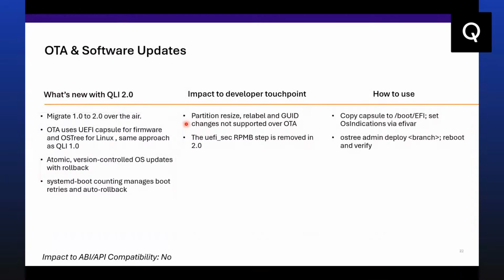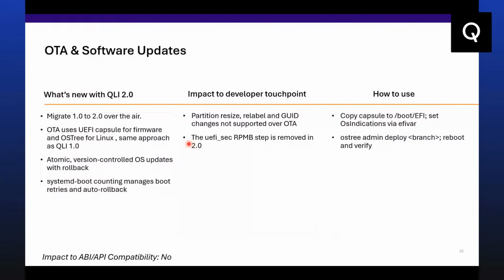So when moving from 1.0 to 2.0, one should bear in mind that these are the kinds of things that should not be changed in the partition table. And in 1.0 we had a custom UEFI sec application which would store some variables in RPMB in terms of boot counting. Those are removed and we have aligned to a more upstream aligned way in 2.0.